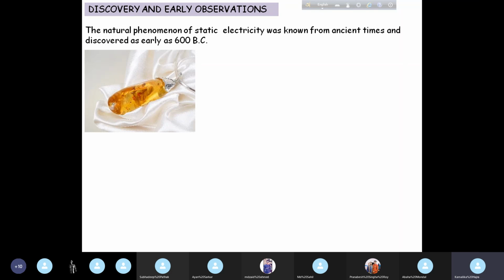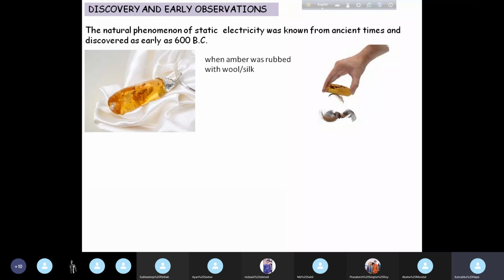So it was seen that when amber was rubbed with wool or silk, I have shown a picture where it is rubbed with a piece of silk cloth. Okay, even if it is done with wool or cotton cloth etc., it is seen that if you now take the piece of amber to light materials like feathers or pieces of paper, then the piece of amber attracts these light materials.